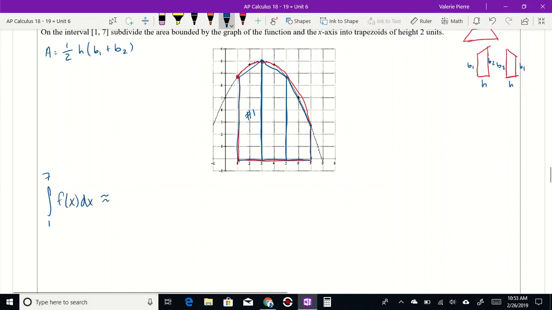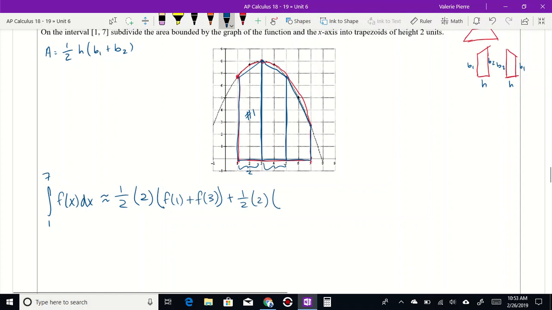So for trapezoid number 1, the area of that will be 1/2 our height, which is 2, and our base 1, which we'll consider to be f of 1, plus our base 2, which was f of 3. Plus, again, we have a height of 2, so 1/2 times 2.